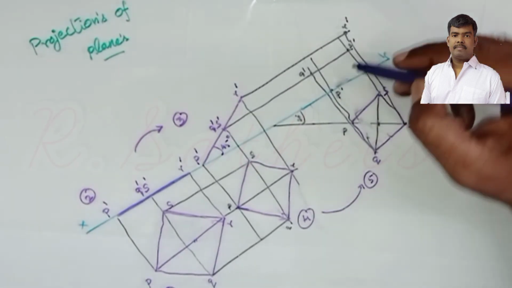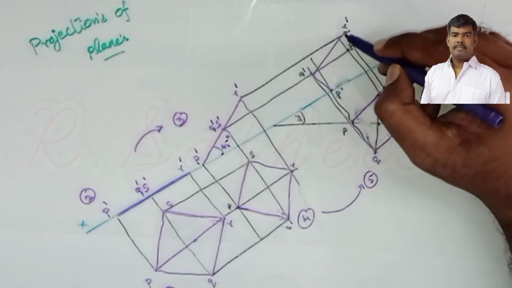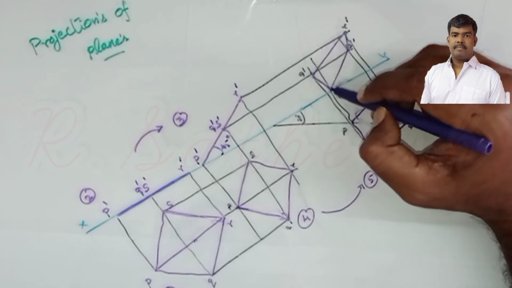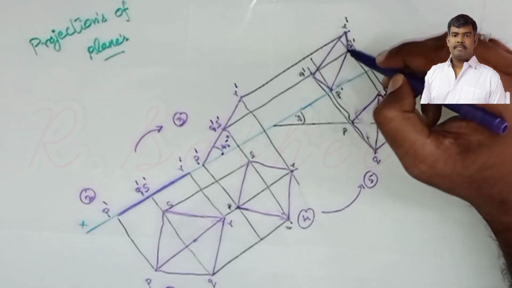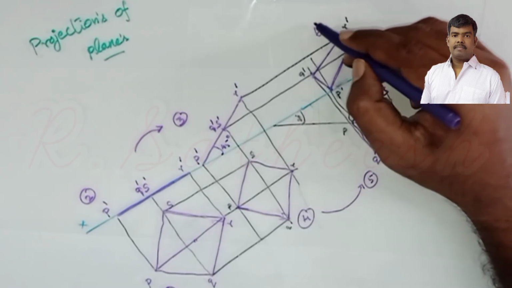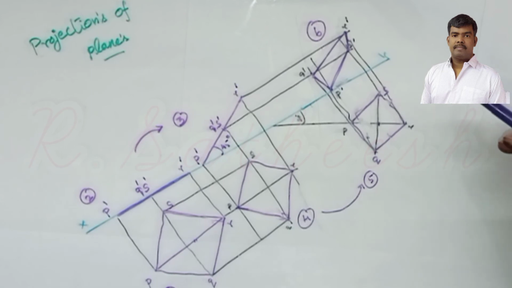Now you join P, Q, R, S like this. P, Q, R, S. So this is the sixth, final front view. This is the final top view.